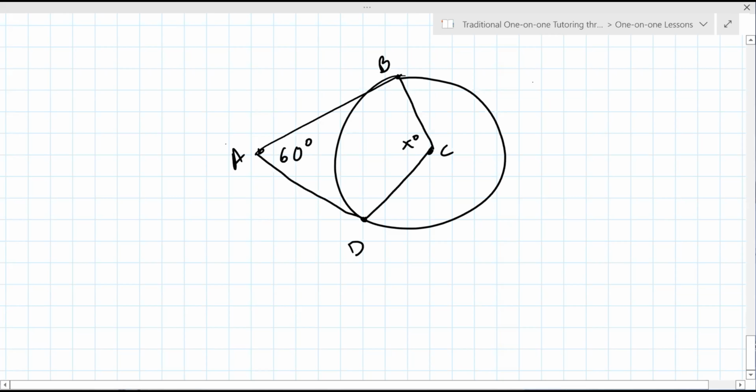Yes. Okay, cool. So B and D are obviously 90 and 90, A is 60, and then X and C are 180.